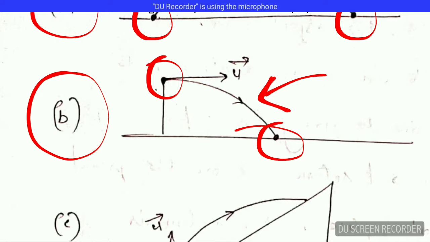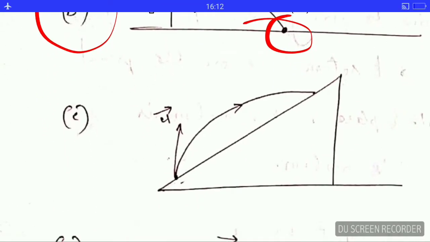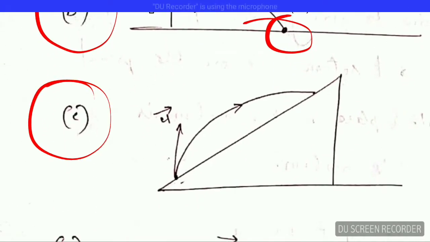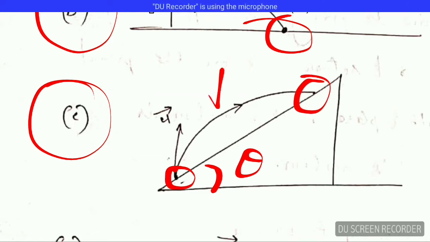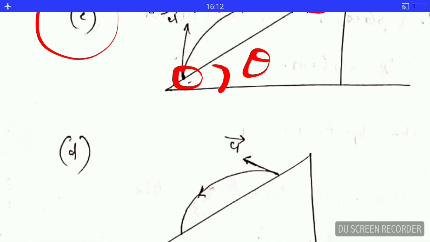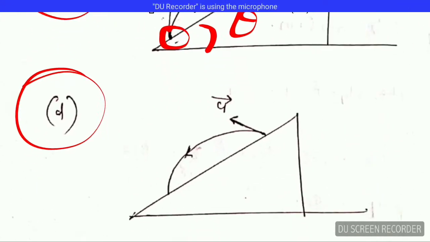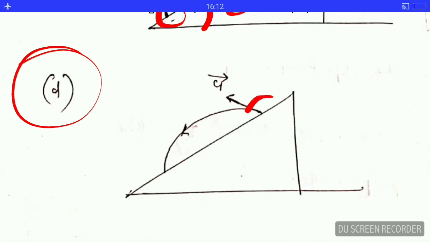The third kind of projectile motion is this one. You might be standing on an inclined plane which is inclined at an angle theta with the ground, and when you throw the projectile from here, it will fall at this point. So this kind of motion is also projectile motion. Let's come to the fourth point. In the fourth point, you might throw the projectile from this point on an inclined plane, and the projectile will fall at this point.